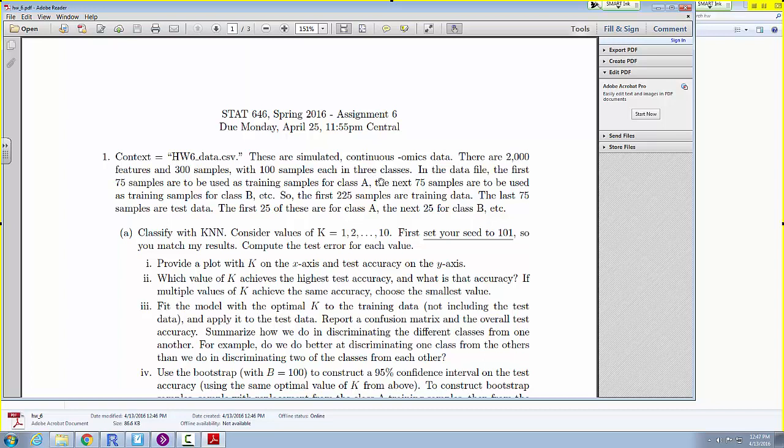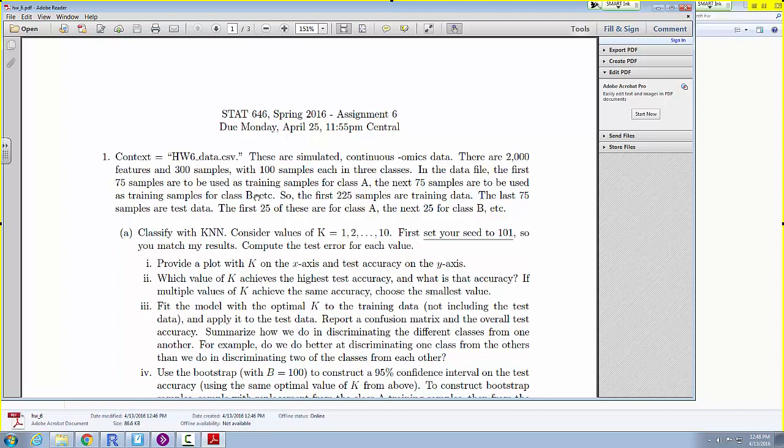In tumor class A, the different classes have different mean profiles across the 2,000 features. I forced there to be differences in means that were specific to Class A for some of them, and then differences in means for Class B and Class C. So there are differences between these classes.